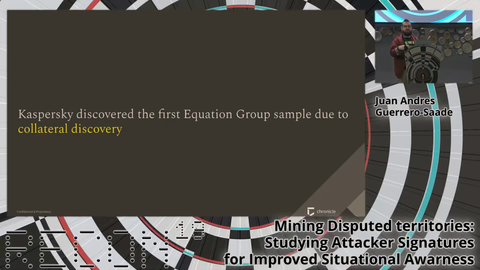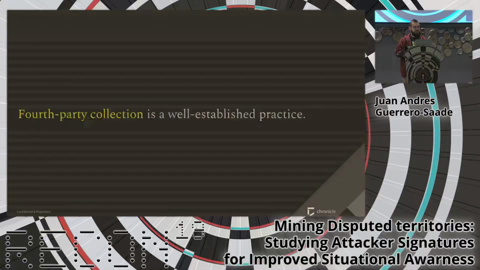But you go in to investigate one, and then you find another, and another, and another, and then you find one driver that you've never seen before. And that's the discovery of the Equation Group in the first place. From there, you get other issues: they reused the same standardized but custom crypto library for 14 years, so you write one signature and you pull everything the Equation Group ever did over 14 years. So collateral discovery, not a fun thing.